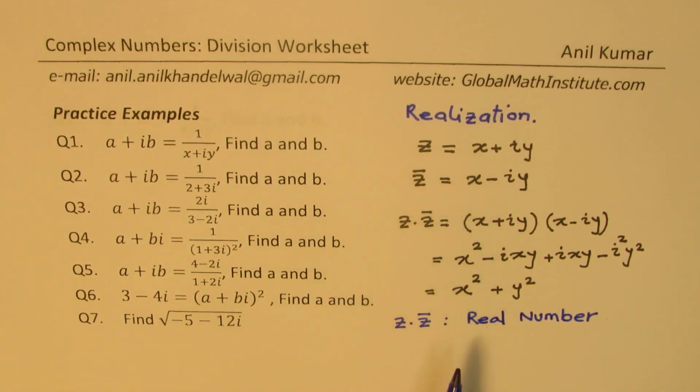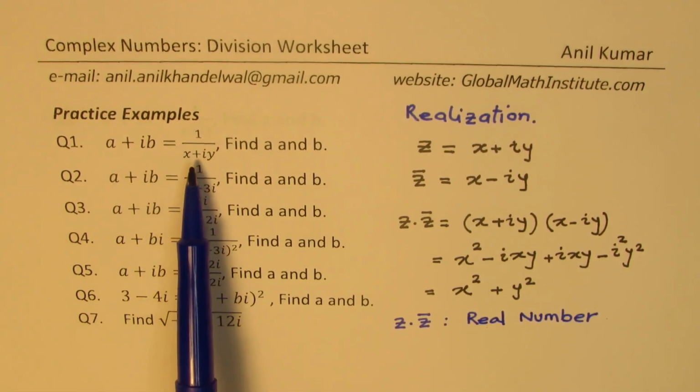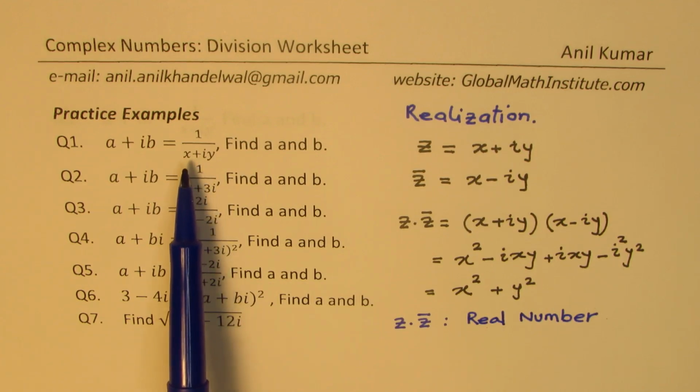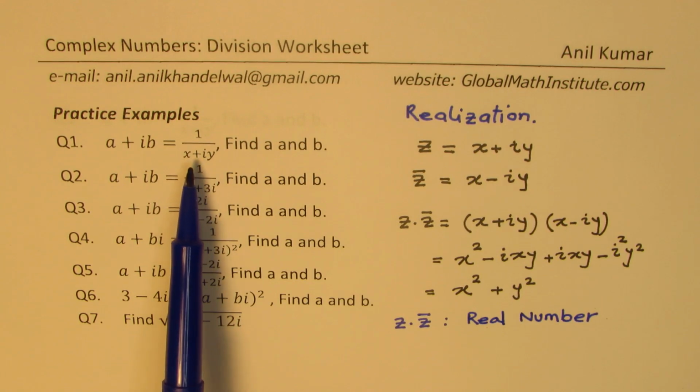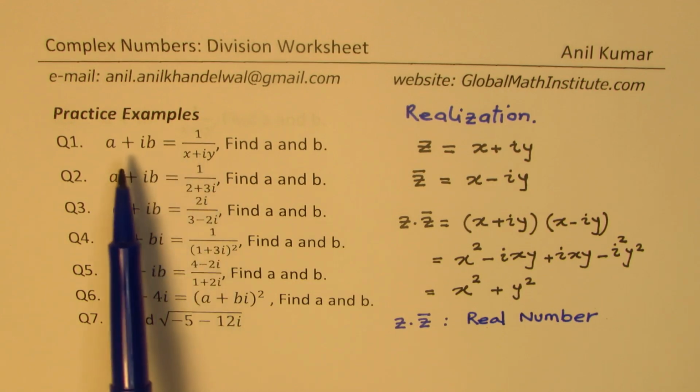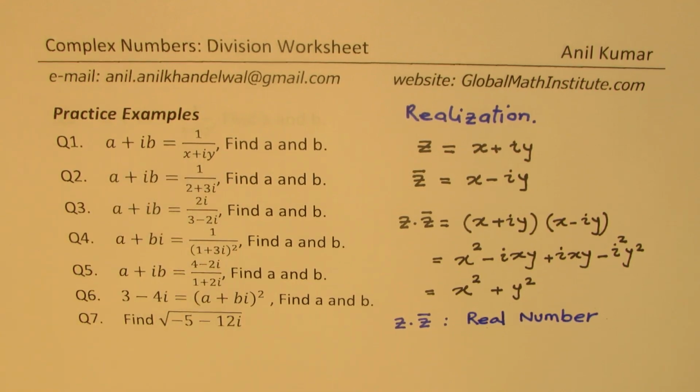Now what we are going to do here is, in all these questions, whatever is the denominator, we are going to multiply and divide by the conjugate of that to get a real number in the denominator, and then we'll find the equivalent complex number in the form of a plus ib or a plus bi. So I hope this process is absolutely clear.